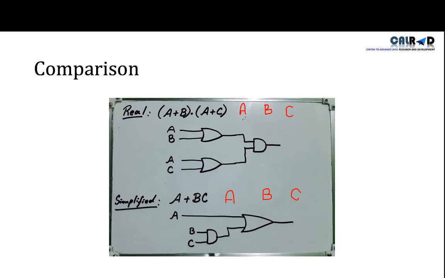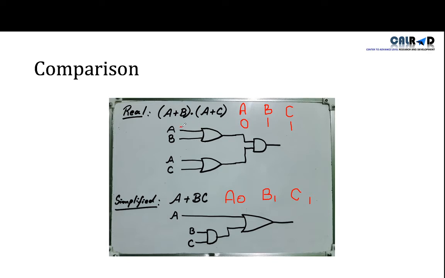For example, I will give 0 to A, 1 to B and 1 to C. So here also I will give 0 to A, 1 to B and 1 to C. So let's start.